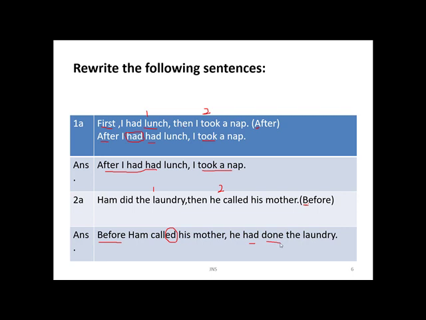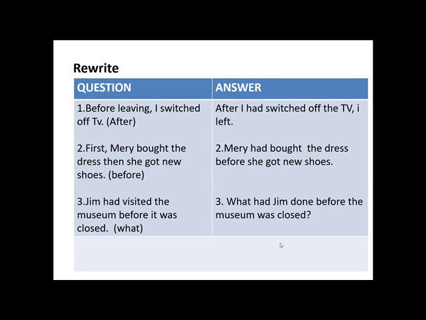Okay, let's get to the next slide. Here are more examples. As we saw in the previous slide, you are given a sentence without a keyword, but the actions were put in order. Here in this sentence, you are given one keyword, and I want you to change the sentence using the other.